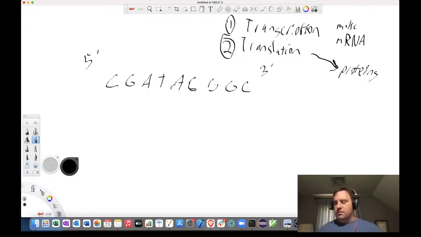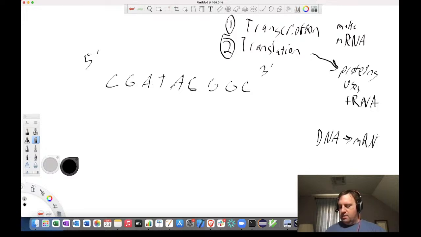And it uses what's called transfer RNA to make that happen. So basically it goes DNA to mRNA and then to proteins, and that uses tRNA to do that.